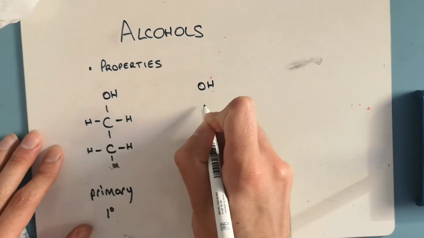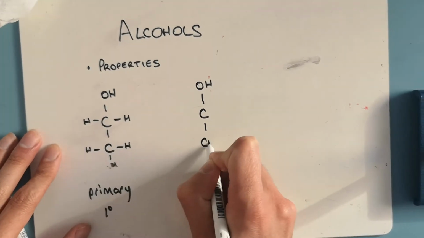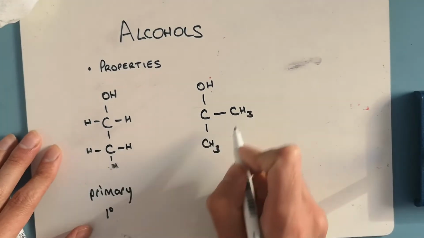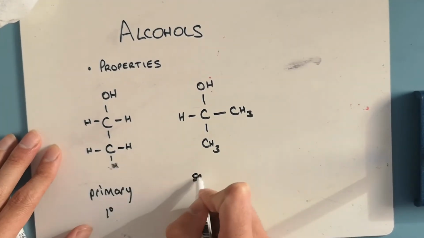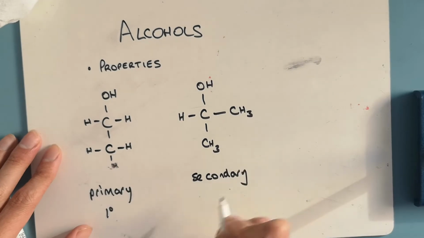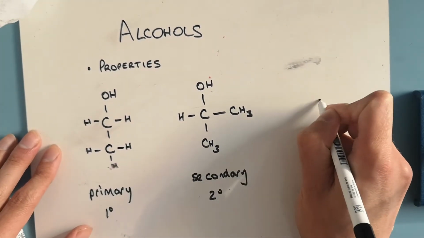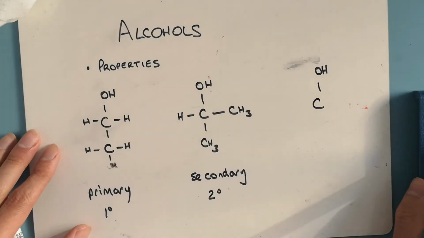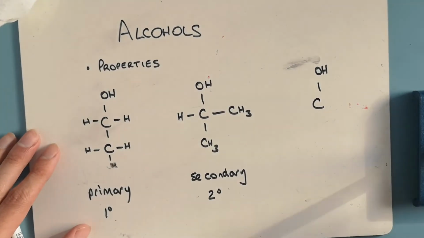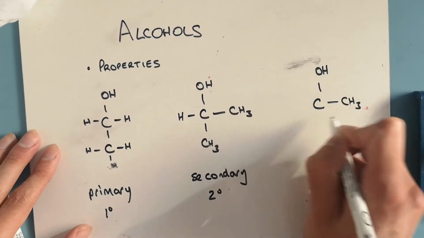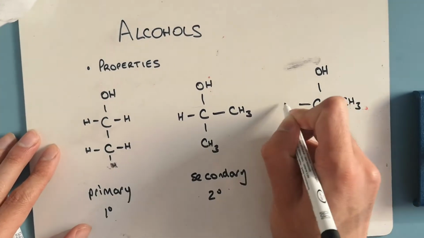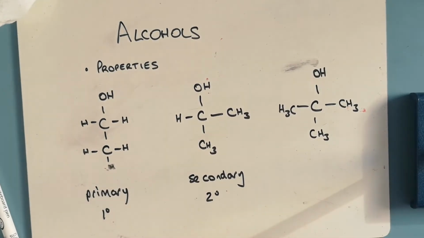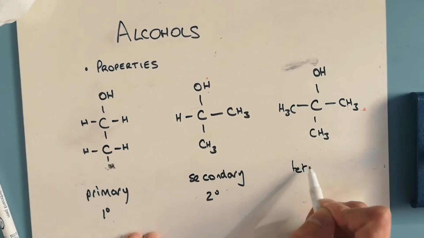Our secondary, with CH3, our carbon is bonded to two other carbons. So this is secondary. And a tertiary alcohol, you probably guessed where this is going. It's bonded to three carbons. So this is our tertiary.